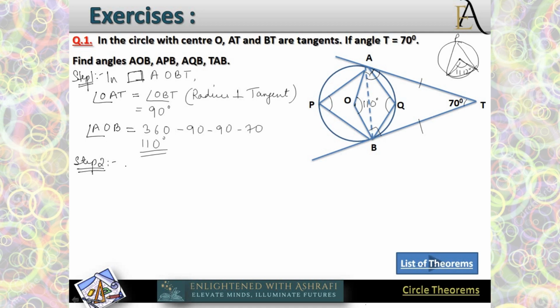So angle APB is equal to half of angle AOB. What are we going to write over here?